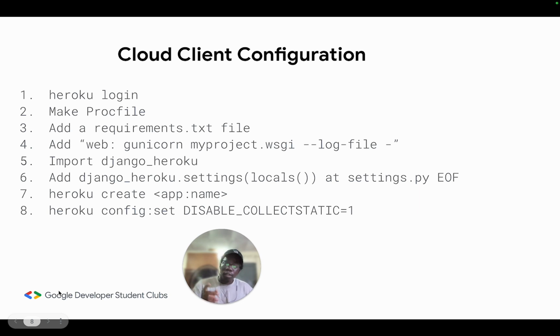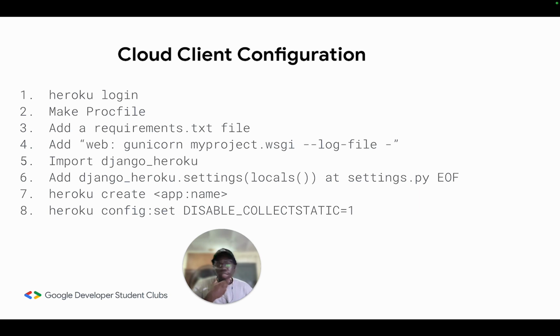Okay, then we have to add a requirements.txt file. You can either just make it like I did, touch requirements.txt, but we are making it so we can put the packages that we installed that will allow our project to work. So you can actually put it there.